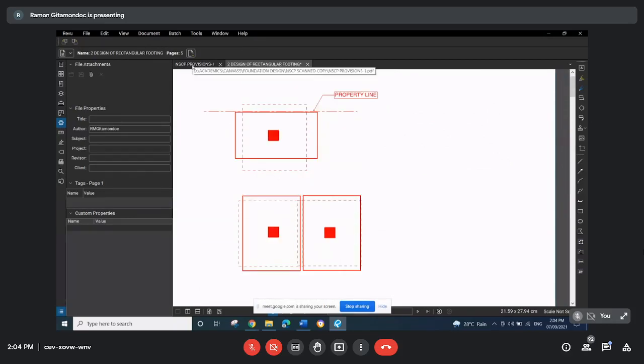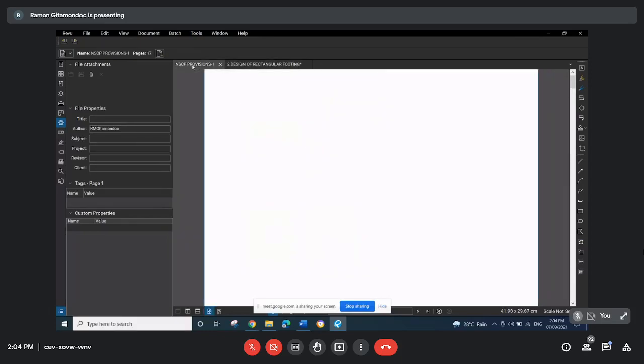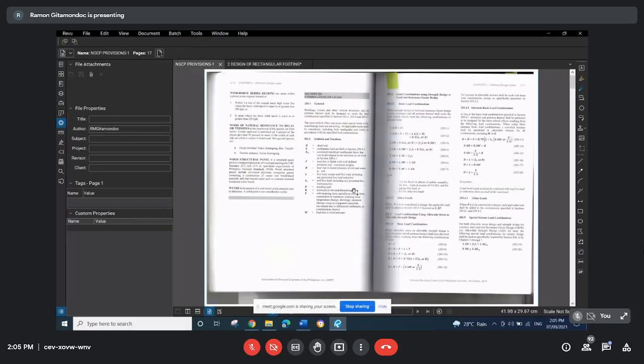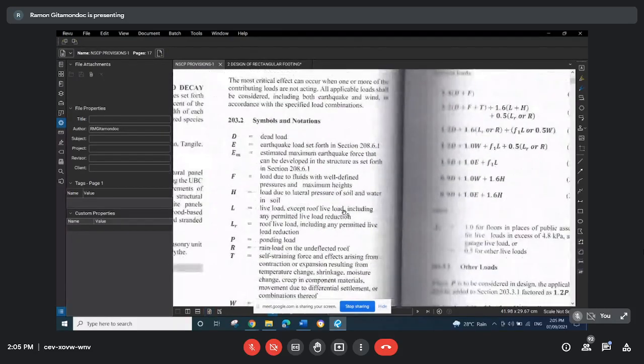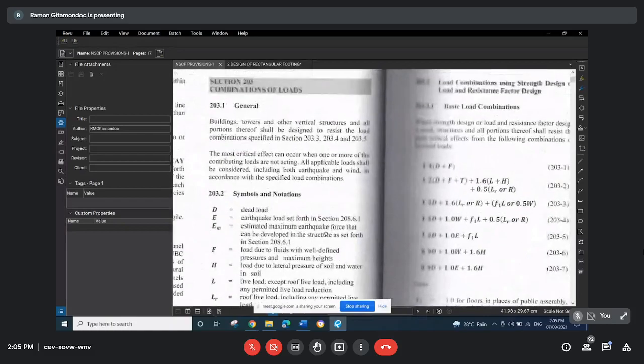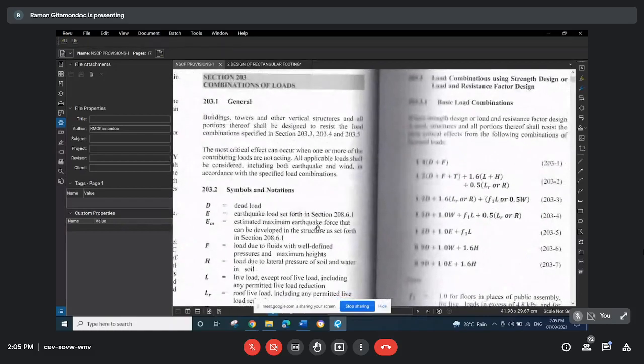Since we still have time, I'd like to show you the provisions of the code, because we only mentioned this one, no? For the various load combinations, so far we have only considered dead and live combination in the previous 2 examples.